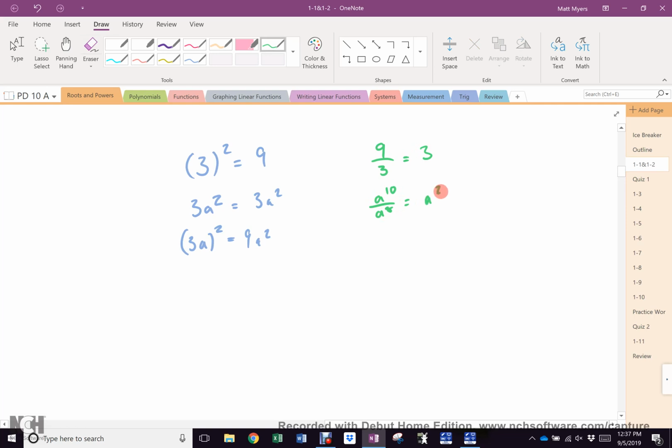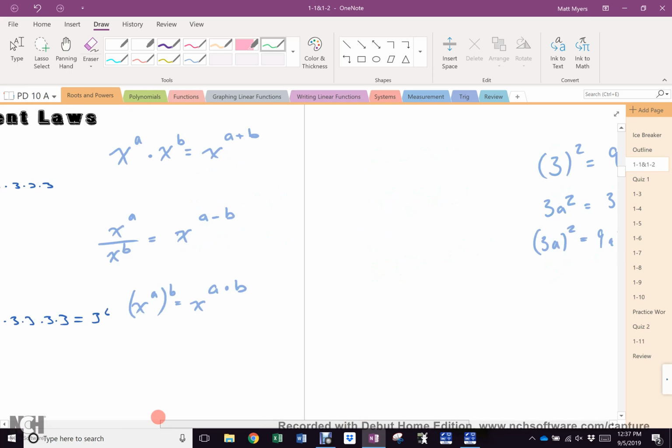So what then, logically, is 9a to the 10th over 3a to the 8th? What? No. The a squared is right. 3a squared. Is everybody good? Those are the first 3 exponent laws, all wrapped together. Everybody should be like, yep, boom, no problem, got it, do it in my head, easy peasy, right?